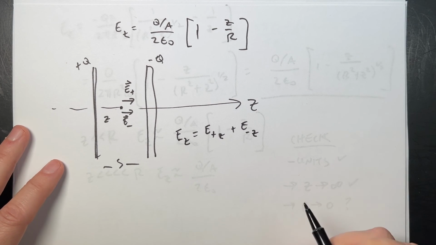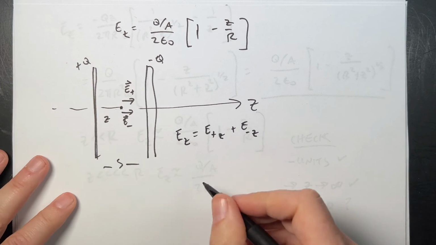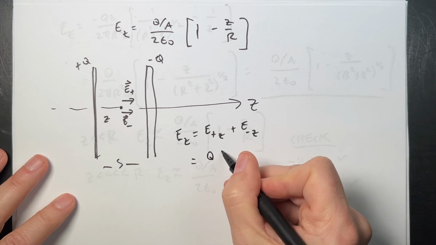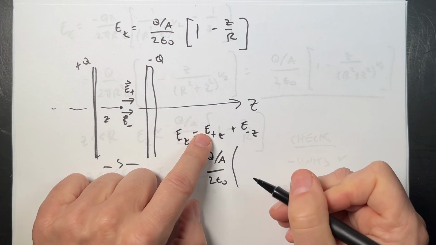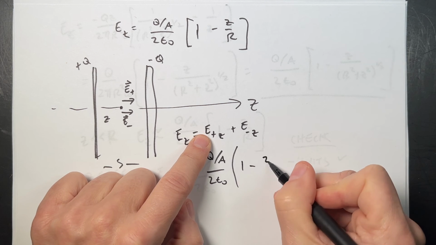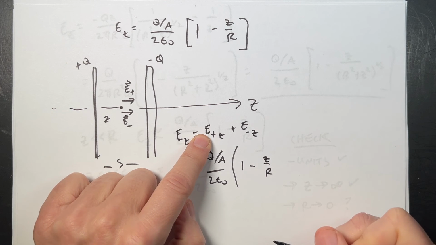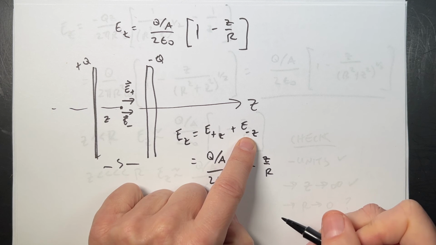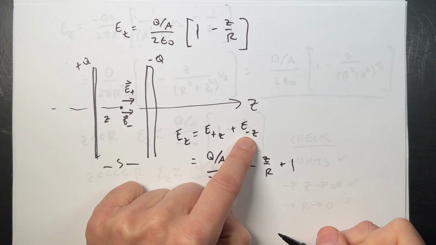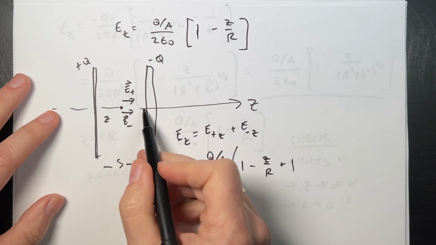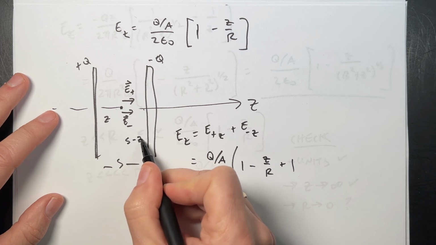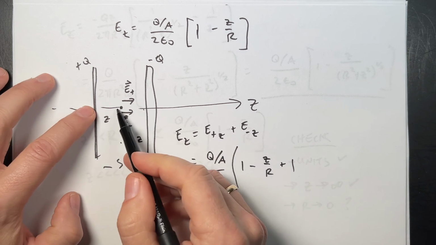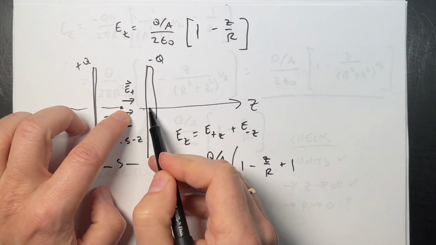And I've already taken into account the directions. So I have this Q over A over 2 epsilon naught times this one's going to be 1 minus z over R. And this one is going to be plus 1. And then the distance from this is going to be equal to S minus z, right? Because if I'm z distance from that, I'm S minus z from that.